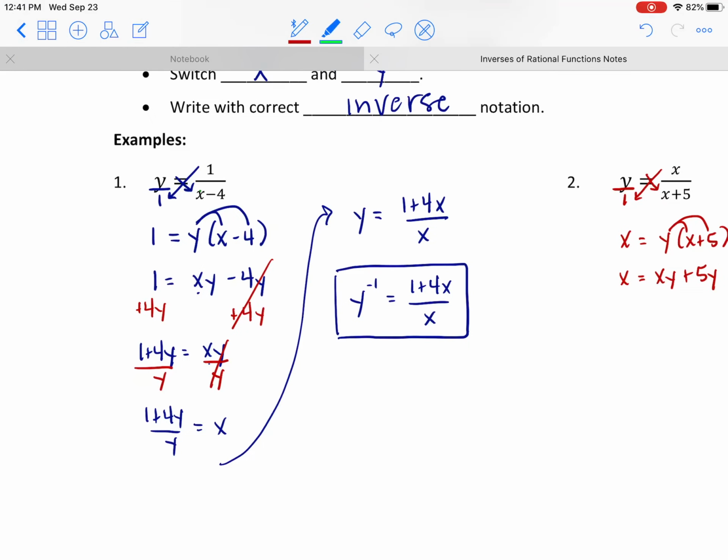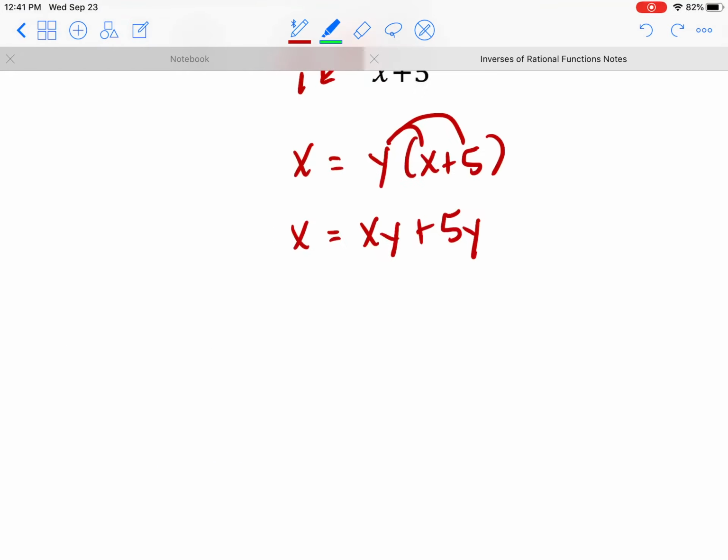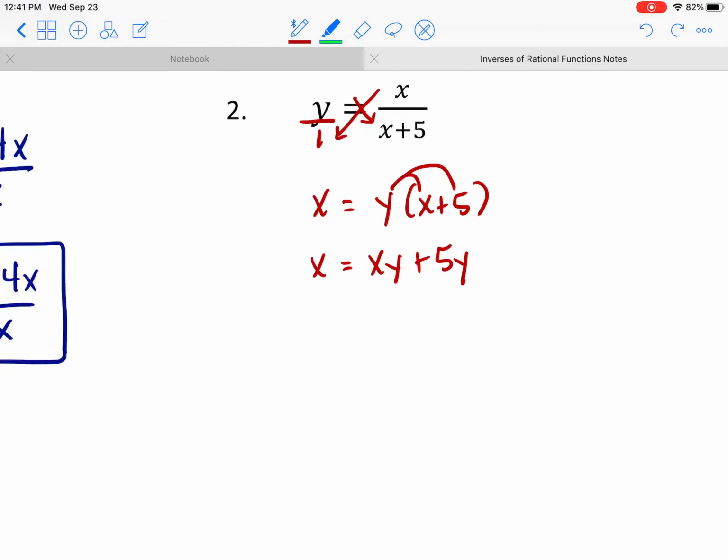In the last one, at this step, if I was trying to solve for x and only one term had an x, I could just add, subtract, divide to get that one term with the x all by itself. But this one is a little different because I have two terms with x's, right? I've got a term here with an x and a term here with an x. So I can't just get one x by itself when there are two terms with x's. So the question is, what do I do?